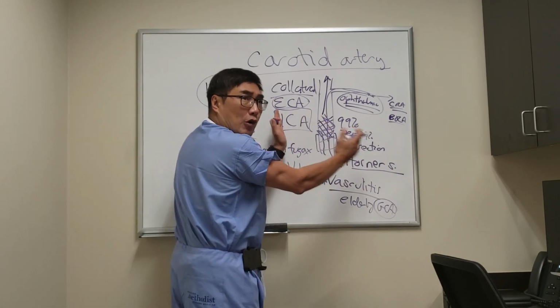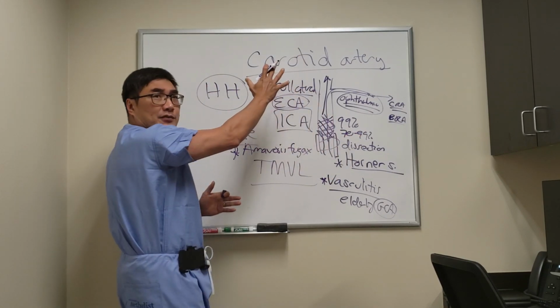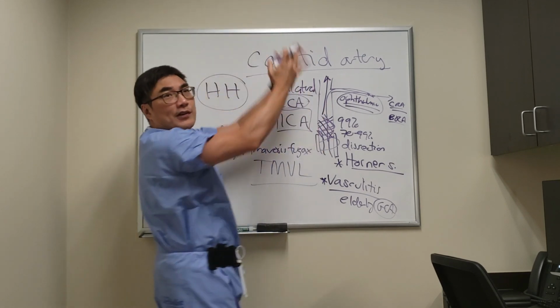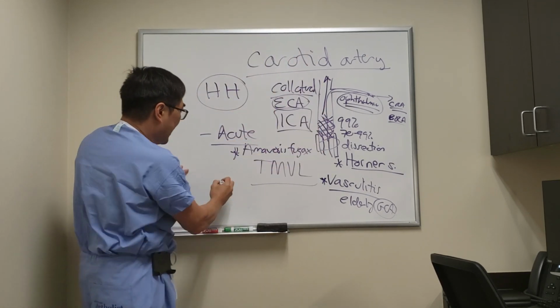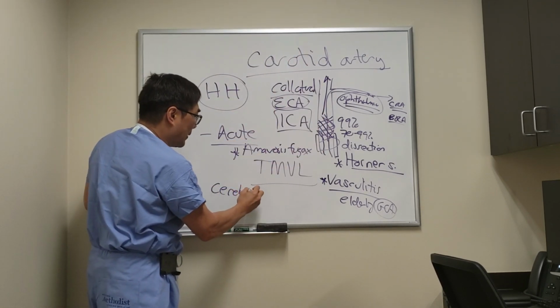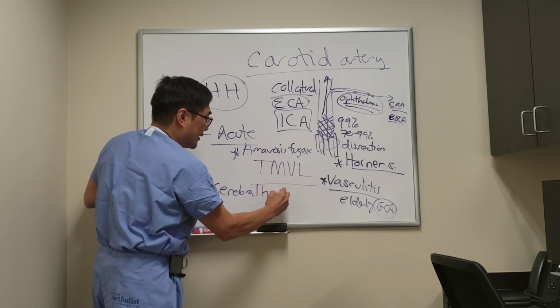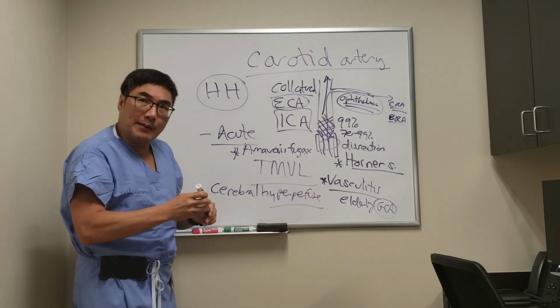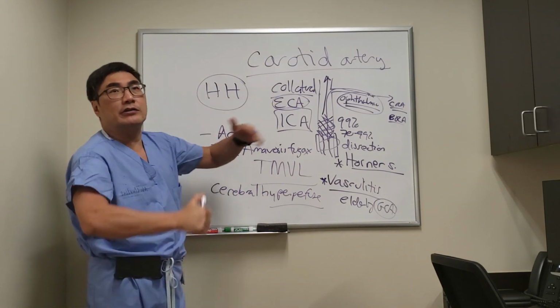And when that artery is opened up, especially if the hemisphere is already hypoperfused chronically, that can cause too much blood flow to go to that hemisphere, and that is a cerebral hyperperfusion event. And so if you hyperperfuse a chronically hypoperfused hemisphere, you'll get a hemorrhage.